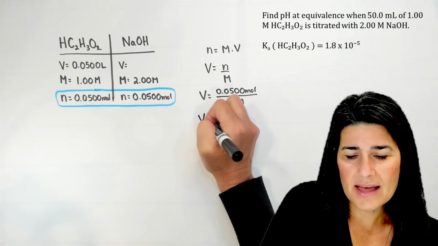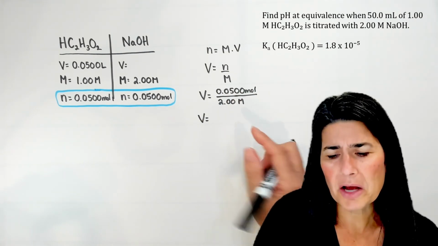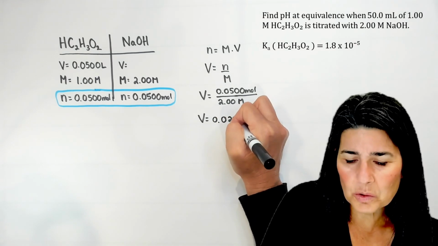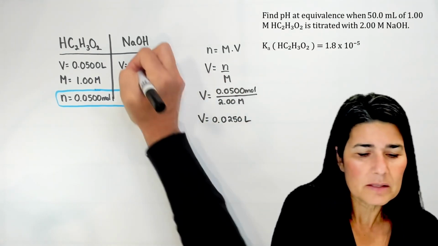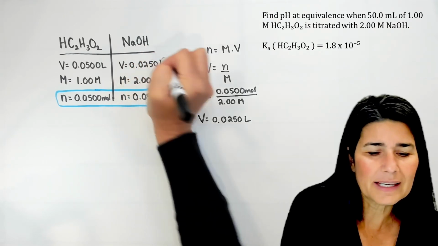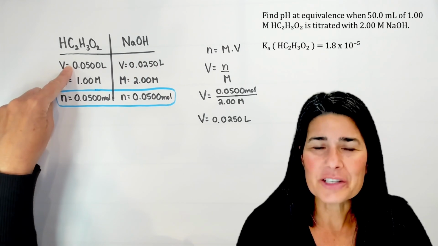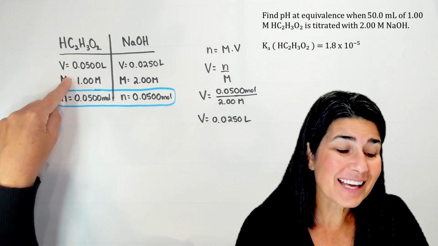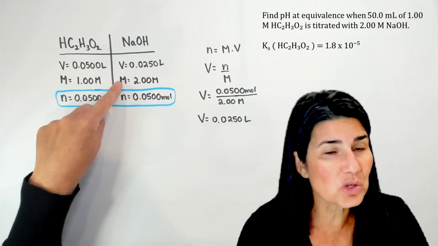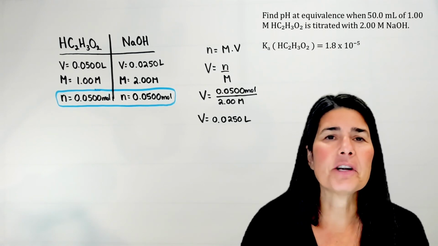And if you divide those in your calculator, 0.05 divided by 2 is 0.0250 liters. So I'm going to write that in right here, 0.0250 liters, and that actually makes sense. If you needed 50 milliliters of a 1 molar, that could be titrated by half as much, 25 milliliters of a 2 molar, since it's twice as concentrated. So here's all our data for our titration.